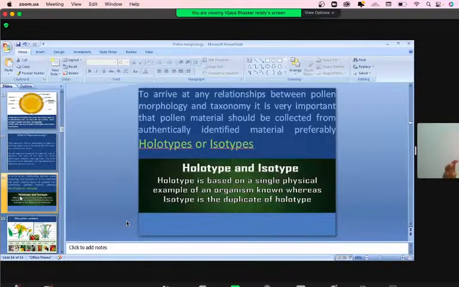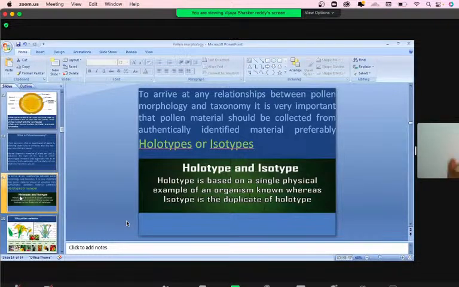So, to arrive at any relationships between pollen morphology and taxonomy, it is very important that pollen material should be collected from authentically identified material, that's called either holotype or isotype.